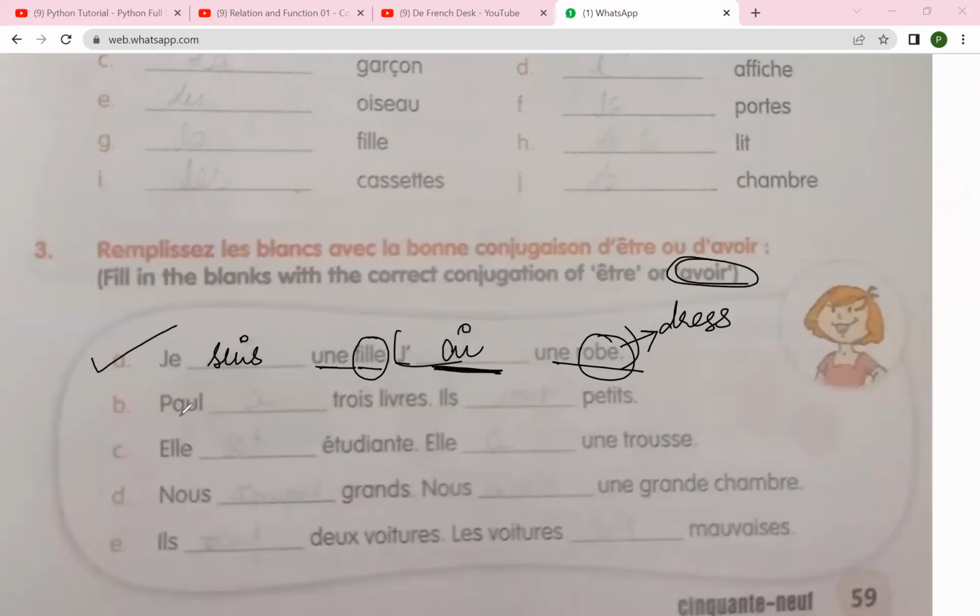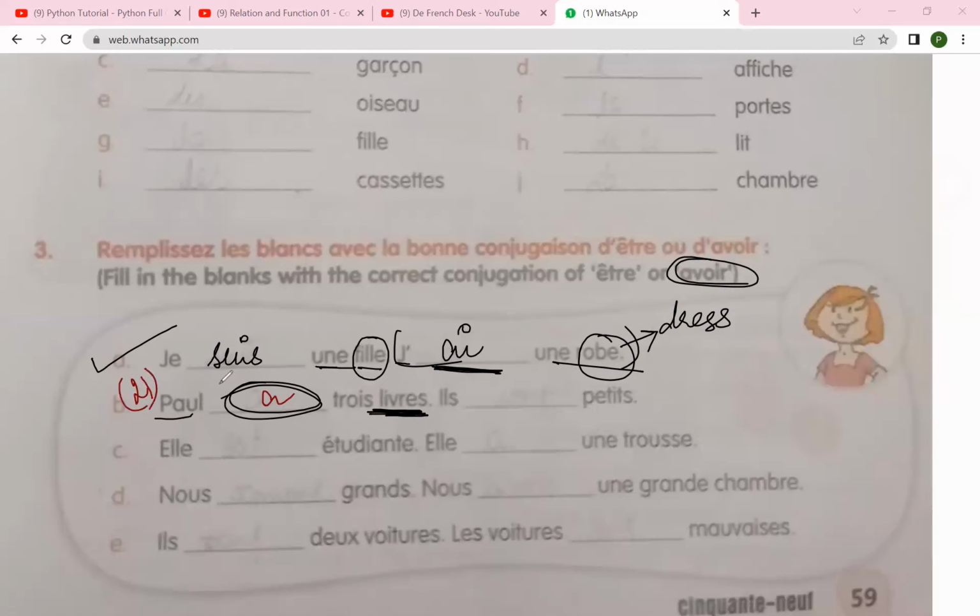Okay. The next one, Paul dash trois livres, il dash petit. Now, Paul, and this means 3 books. So, Paul is 3 books. That cannot be the sentence. So, obviously, you will not make use of être here. So, it's quite obvious that the answer will be a, because Paul is a he, right?